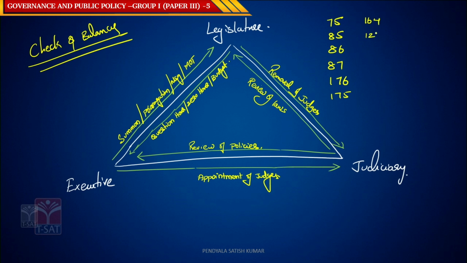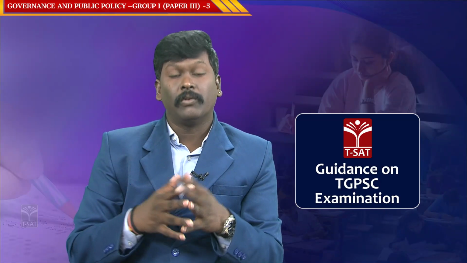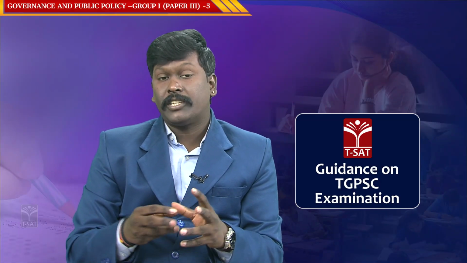Article 124 Clause 4, Clause 5, Clause 1, Clause 2, removal and appointment of the judges. Article 13, judiciary has a review. Article 32, Article 226. All these are the constitutional provisions linked to your checks and balances theory within the constitution.